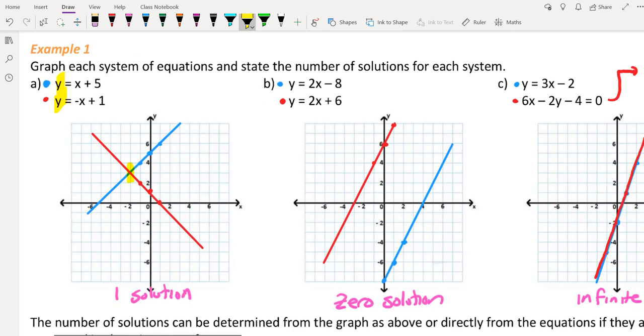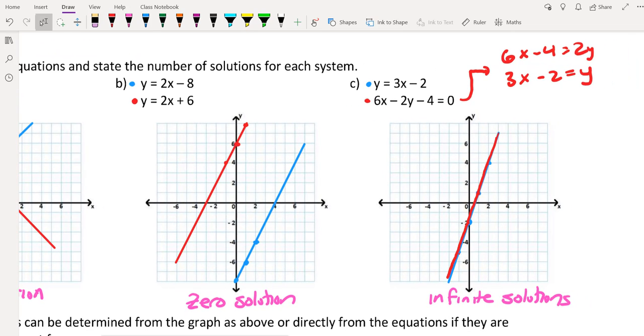In situation B, when graphing, the system looks like this. And we say it has no solutions, or 0 solutions. Why? Because the lines don't cross each other. So if they don't cross each other, that means at no point do they share the same x and y values.